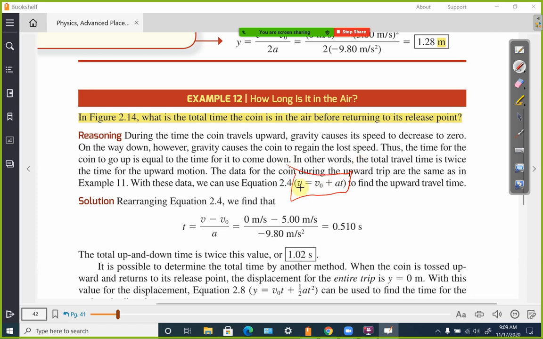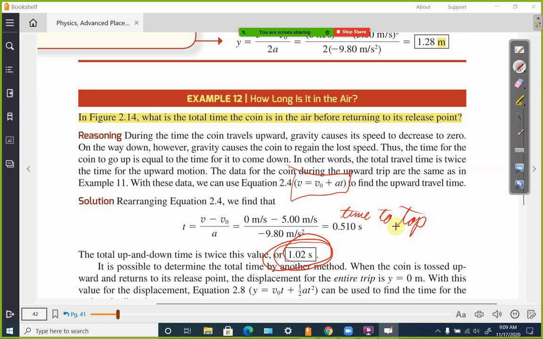But when we use v of 0, we're assuming that that's going to be to the top, right? So you remember that, and you got to multiply your answer by 2. So this is going to be the time to top. And now your overall answer is 1.02, because what did you have to do with that number? You had to double it.